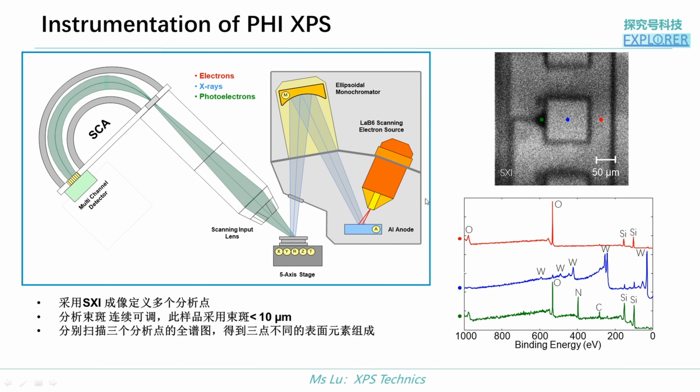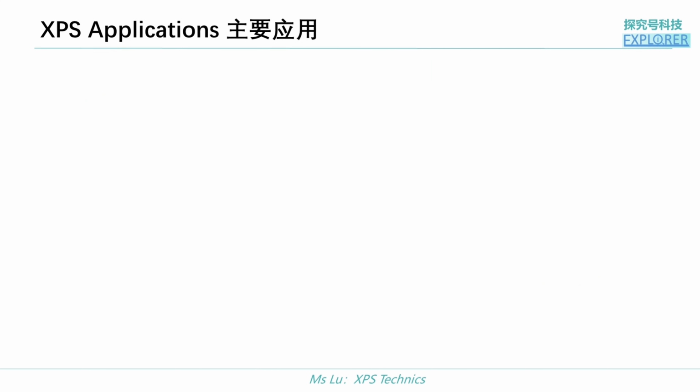Once we have located different micron areas for testing, the spectra of the composition of multiple points can be acquired at the same time, and the differences in composition can be quickly compared with each other. So the design expands the application fields.